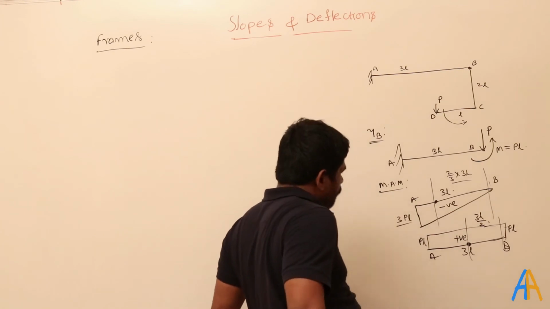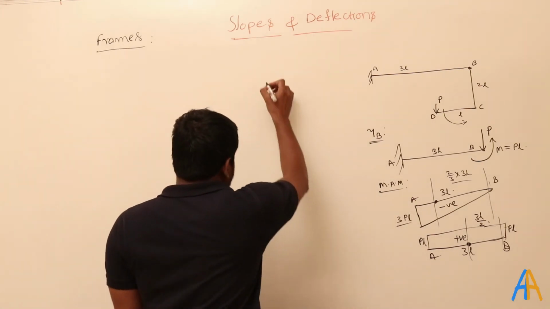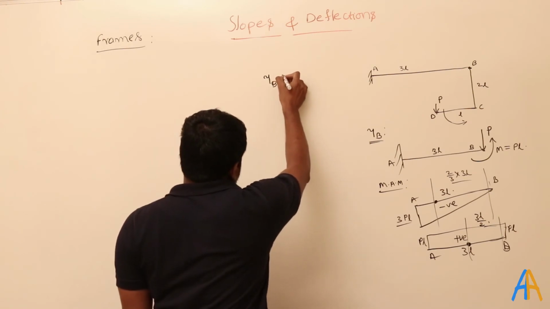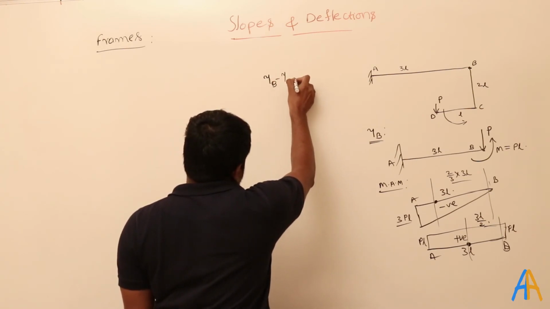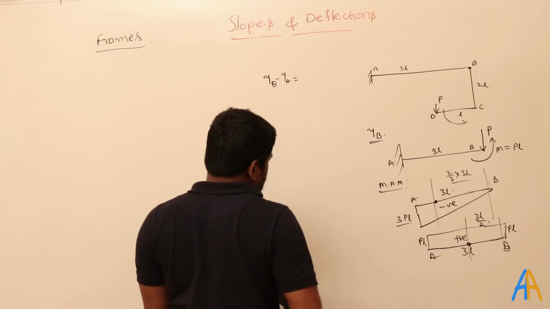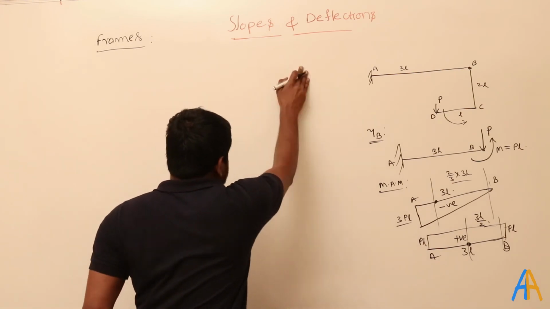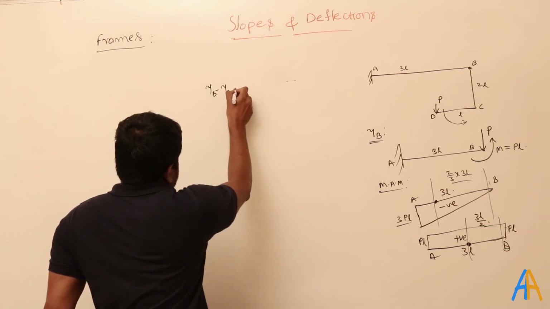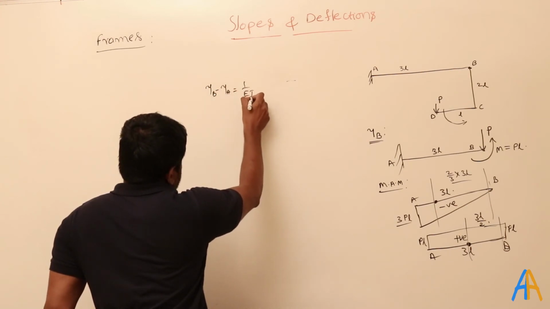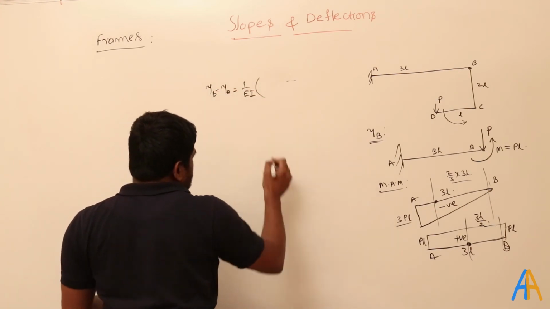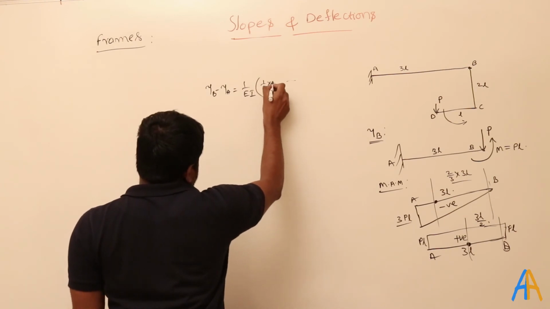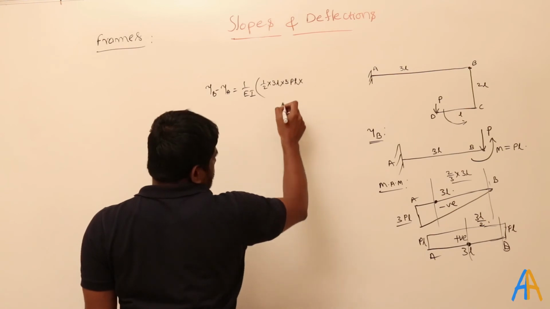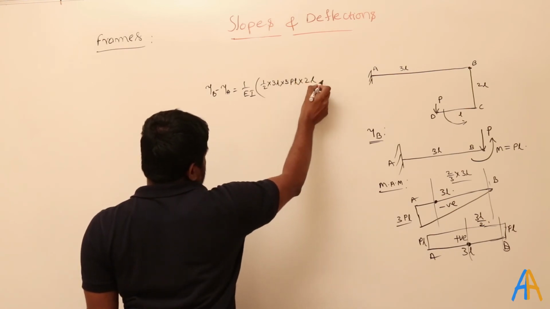So yB minus yA equals 1 by EI times area. The area of the first diagram is half into 3L into 3PL, into 2L.